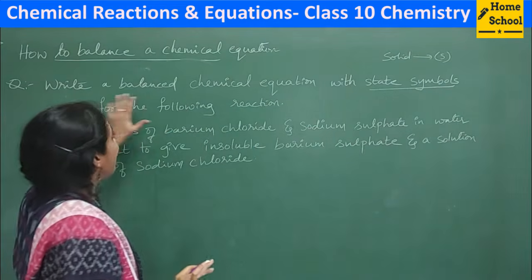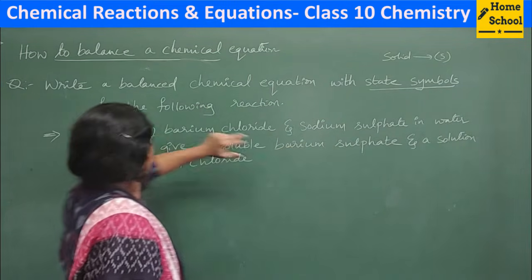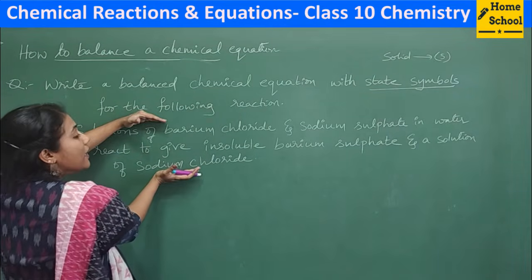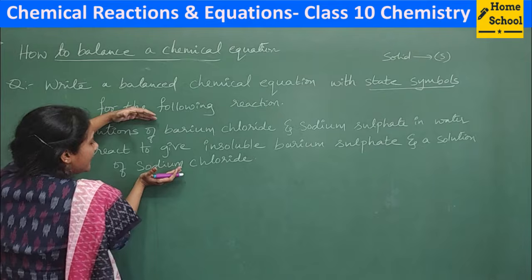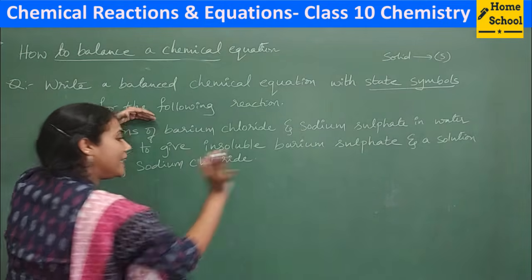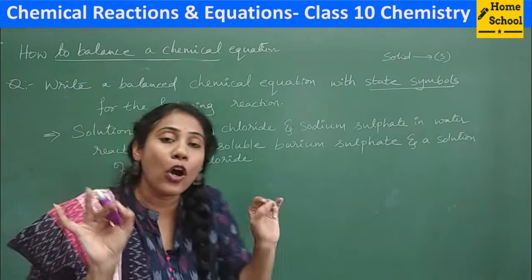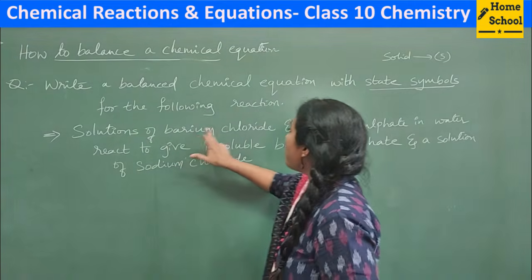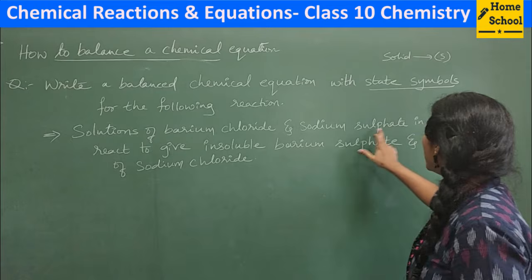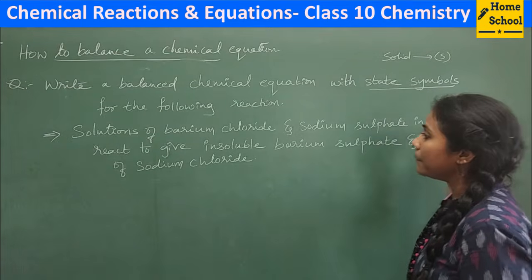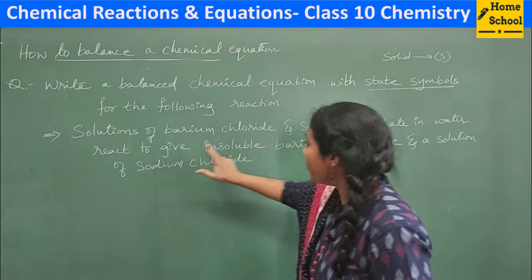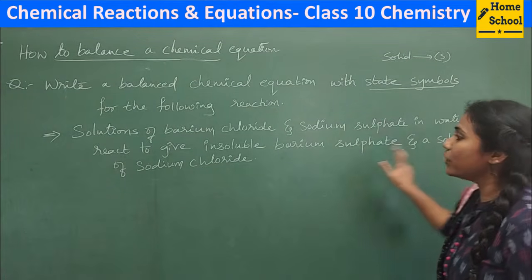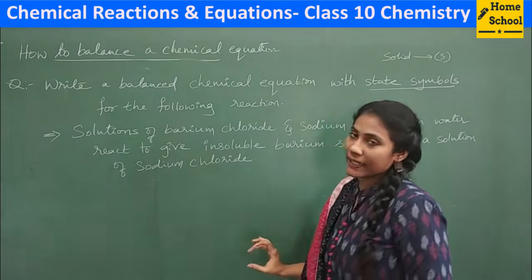Balance a chemical equation with state symbols for the following reaction. See, the reaction they gave in a sentence. So you must carefully understand this sentence and write a balanced chemical equation along with the symbols. Solutions of barium chloride and sodium sulfate in water react to give insoluble barium sulfate and a solution of sodium chloride.